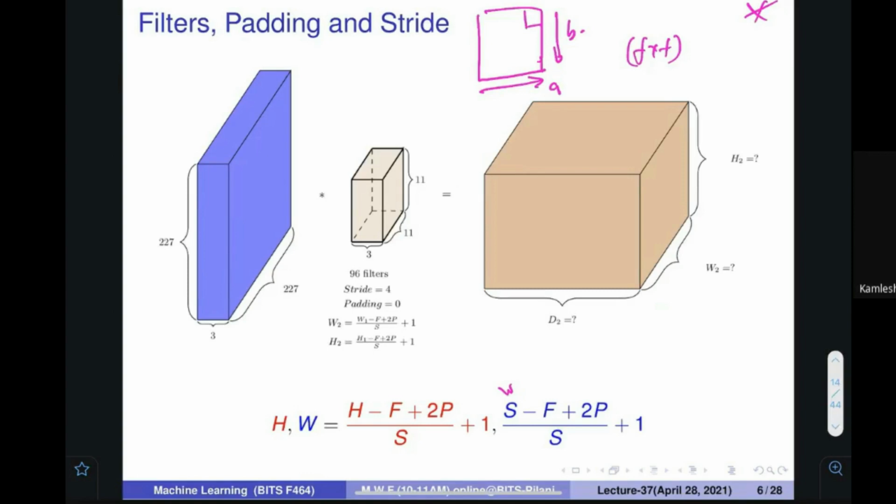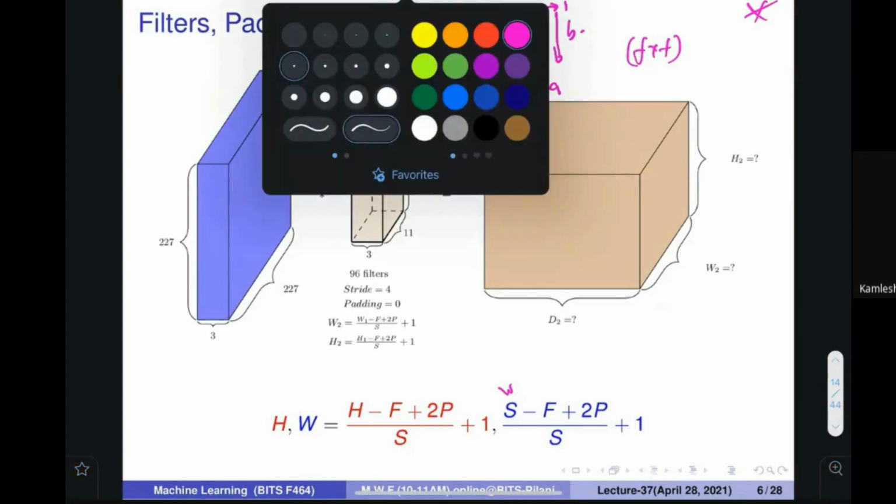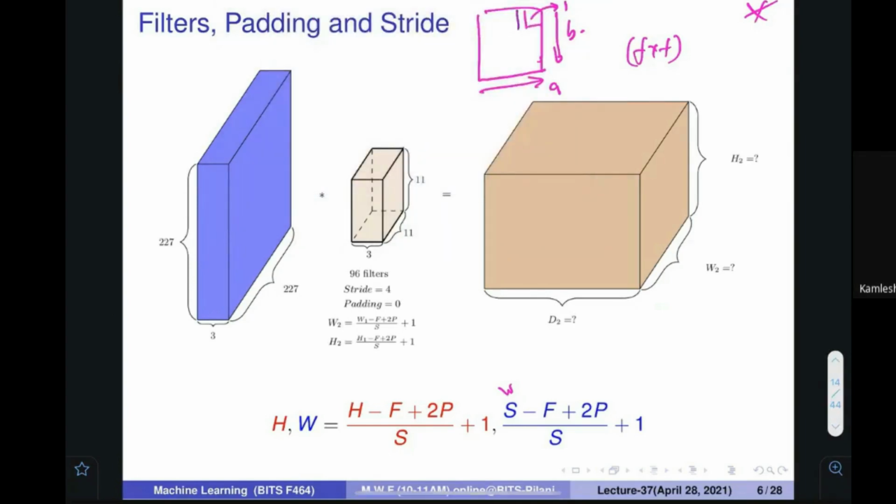you'll be getting one value out of that. Then you can shift this filter one place over, and you will be getting one value by this. Then you can shift again, and you will again be getting one value. So how many values are you going to get in this particular direction? Can you tell me?